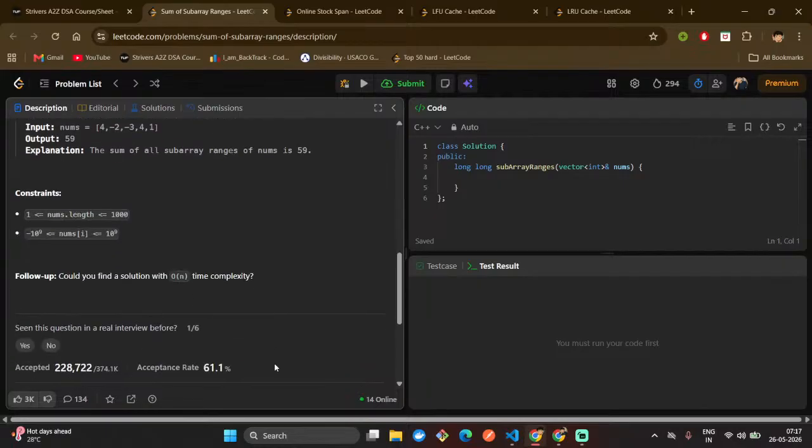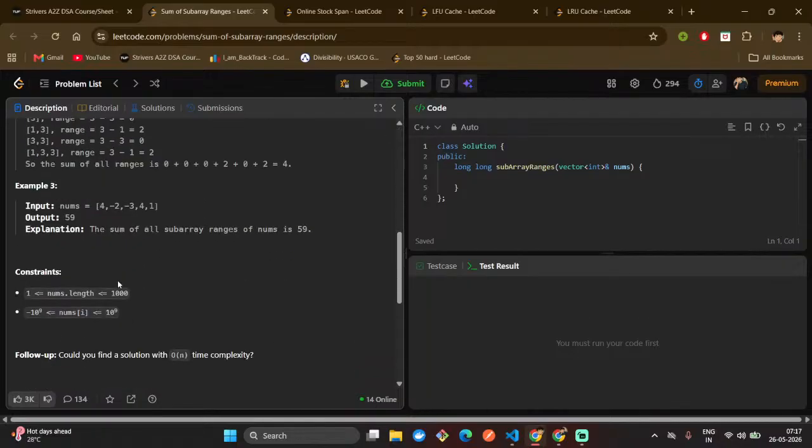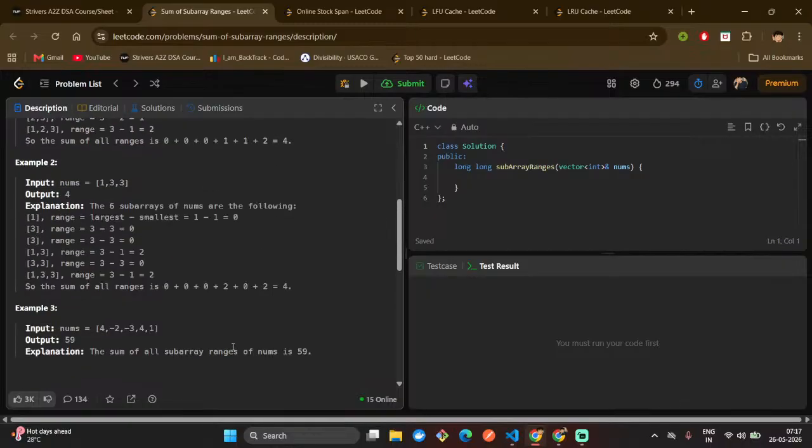We can solve this using brute force, but it suggests: can we solve it in O(n) time complexity? How can we solve it?